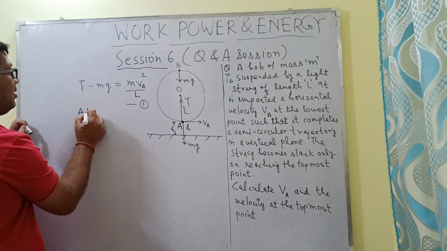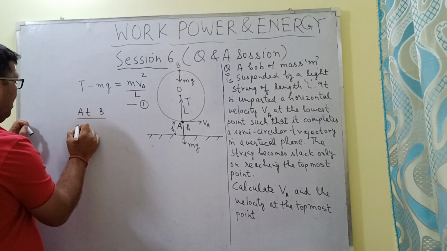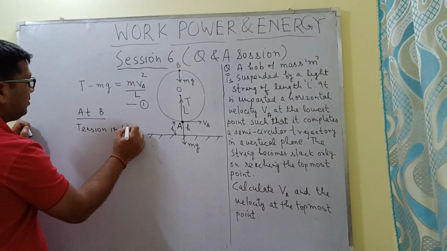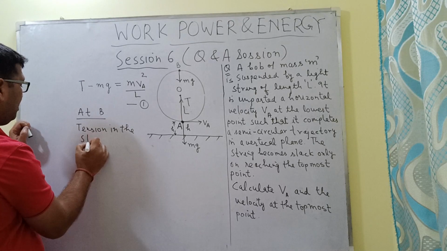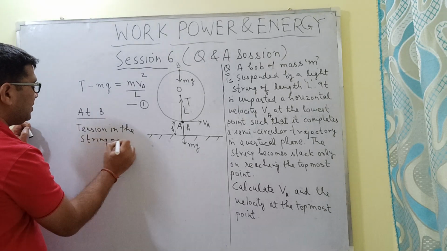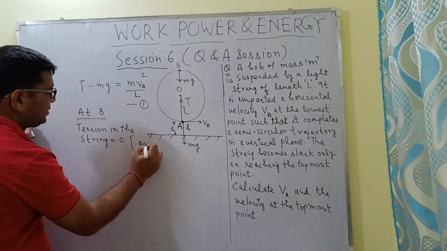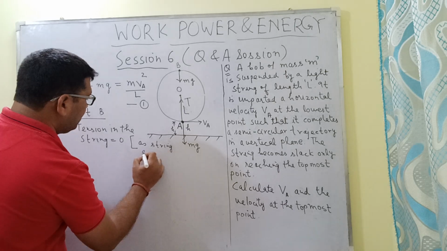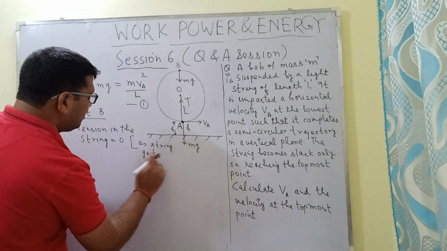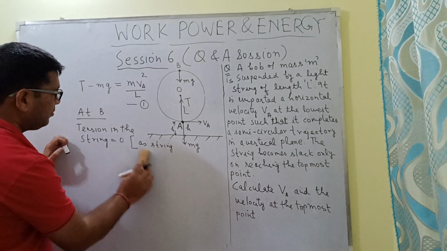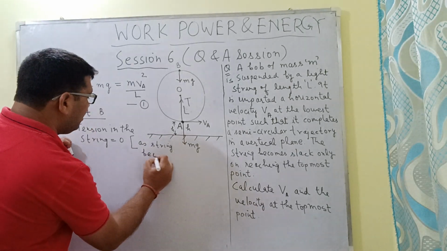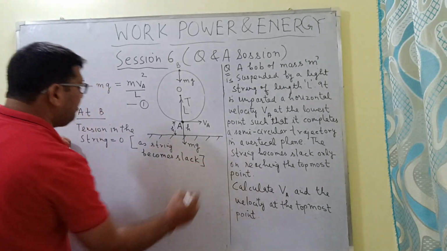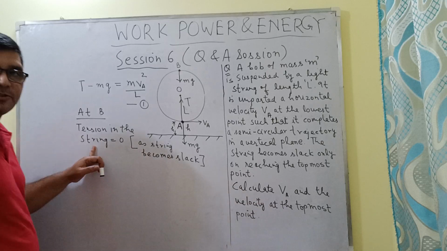Now at the point B, tension in the string will be 0, as the string becomes slack. It is written in the question. So since the string becomes slack at the topmost position, the tension in the string will become 0.